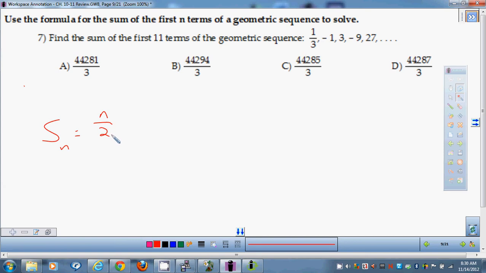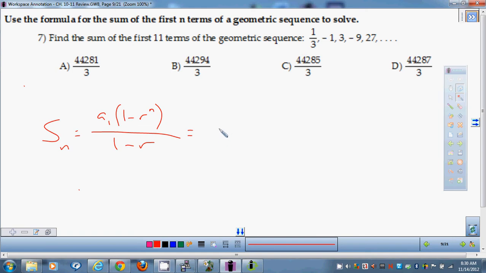Be careful. That is a formula, but that's for what kind of series? Arithmetic. You need to label that in your notes. That's the arithmetic sum. I need the geometric. What was it? Very good. Have these formulas.